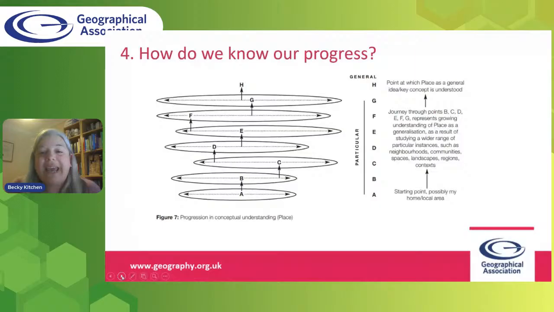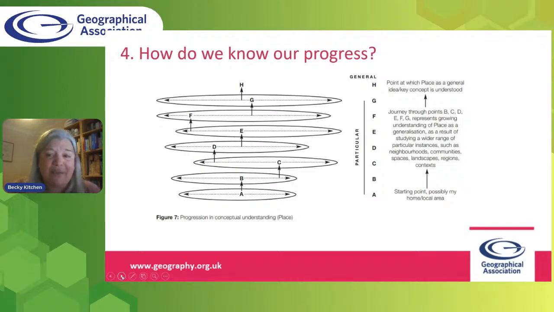And the idea is that you start off, let's say, at the beginning of year 7, which is A, with something quite tangible, which is something that pupils really understand, and you have a little bit of time exploring place, possibly in the home local area, so students get a really good understanding of place at that local scale before moving up to B.